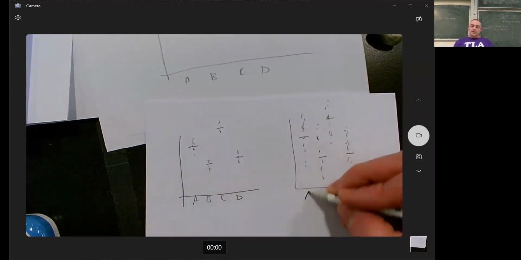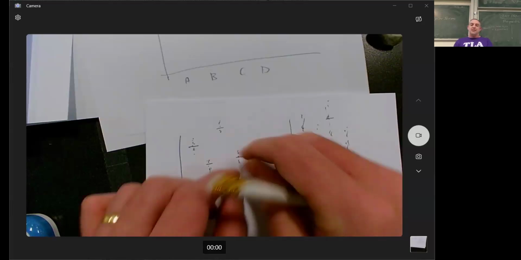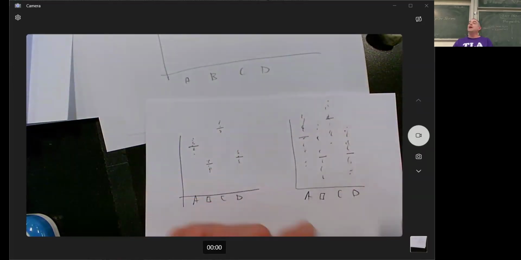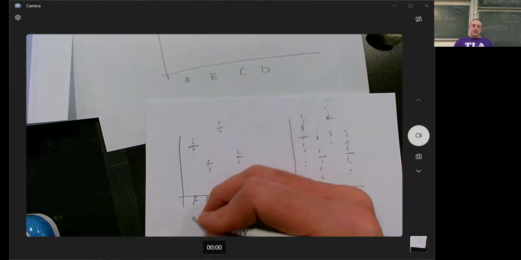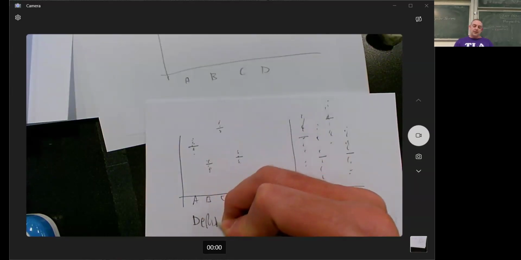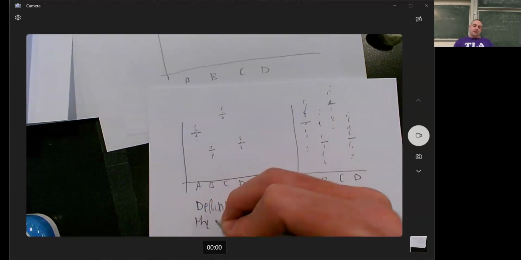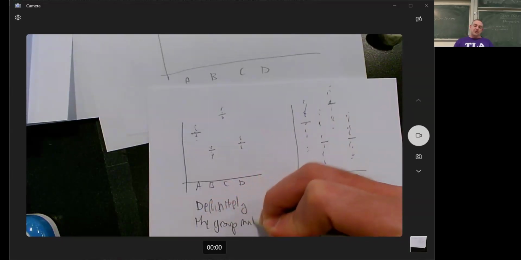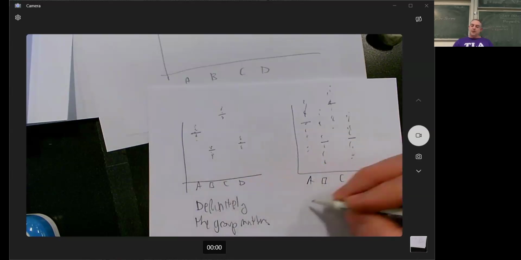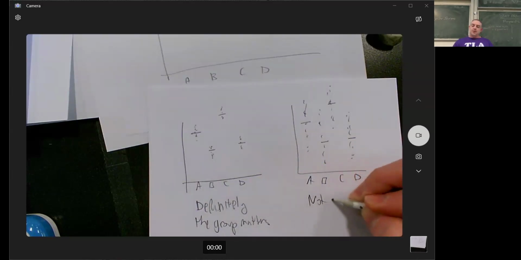And so it matters how spread out each group is in order to make your conclusion. This one you say, yep, definitely, the group matters. But this one, not sure the group matters.